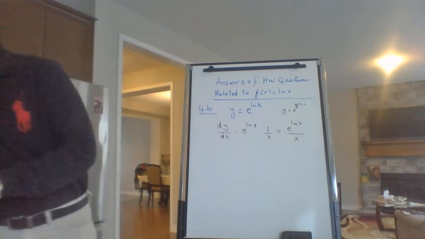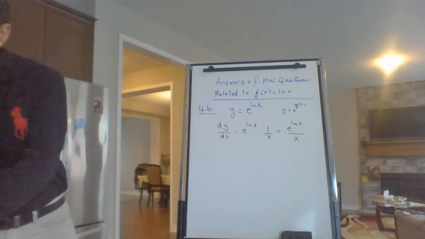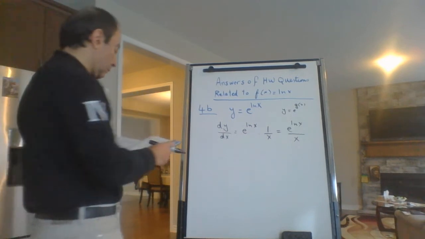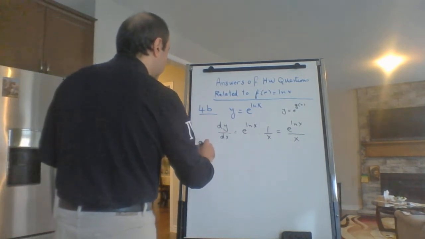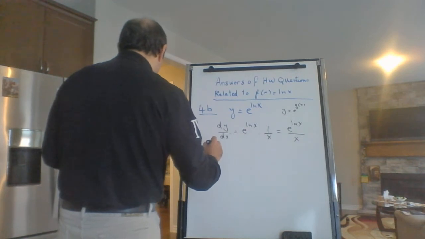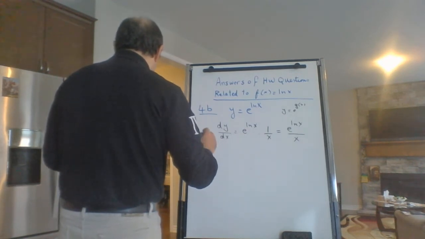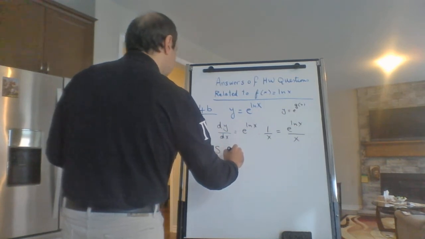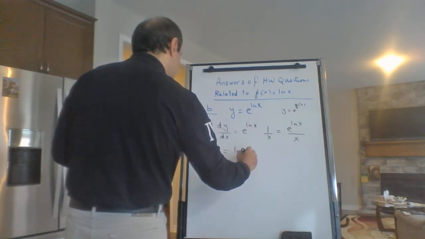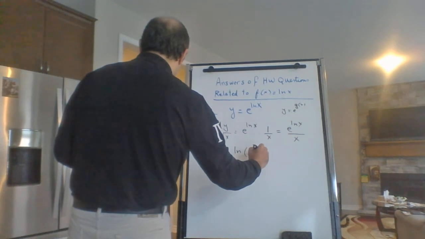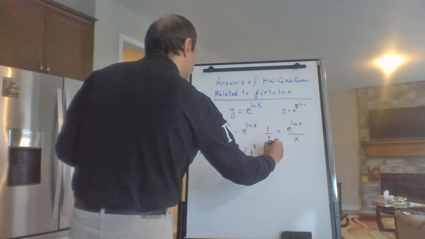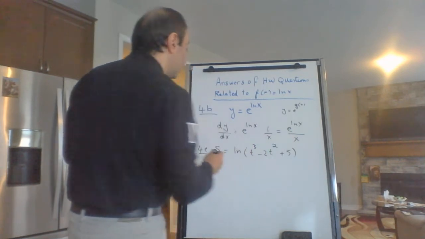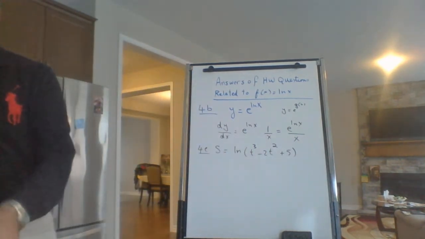Another question was 4e. 4e says s equals ln of t cubed minus 2t squared plus 5, and we need to find the derivative of this.